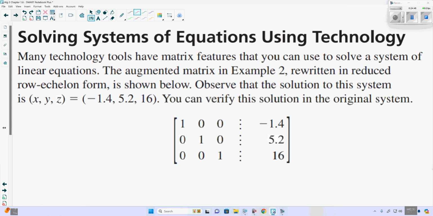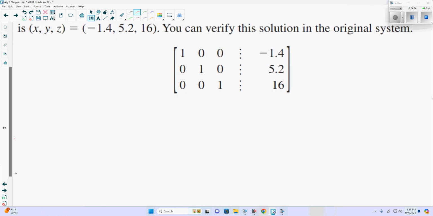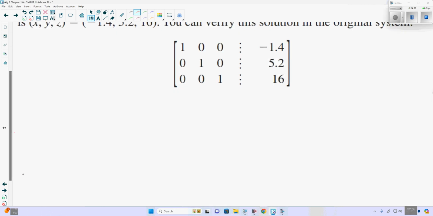This matrix is in reduced row echelon form. The reason we call it that is because it has a diagonal of 1s. Now, when we put this in, we put x first, y second, and z third, and it was set equal to what the equation was equal to, yes?